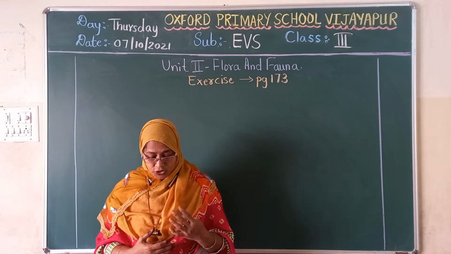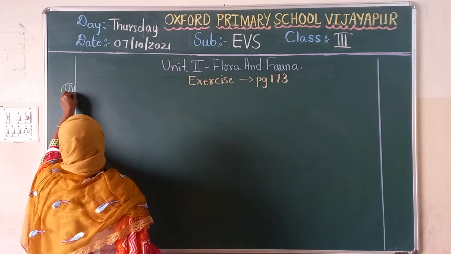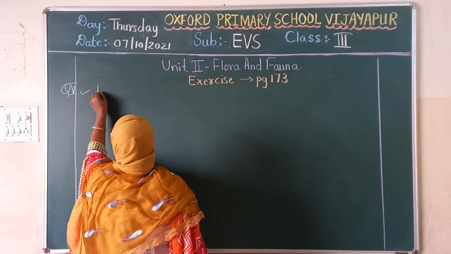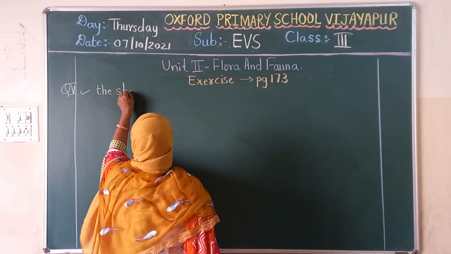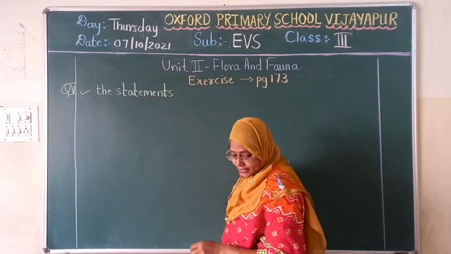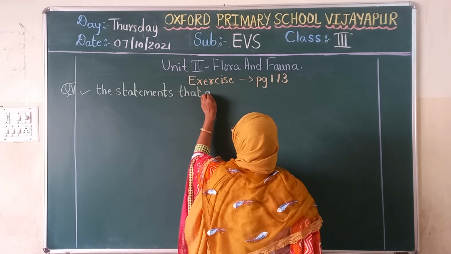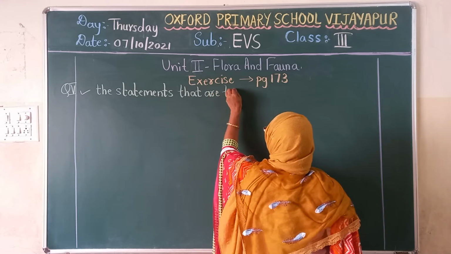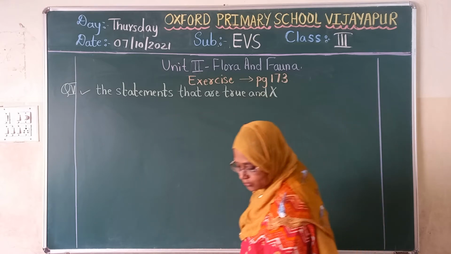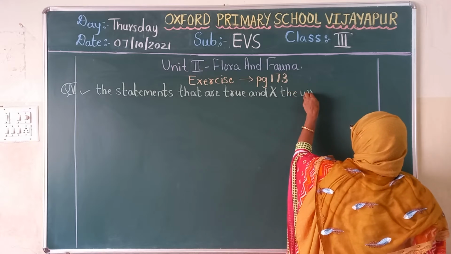So these were your 4 questions. Now come to question number 5. So let us move to question number 5. What is question number 5? You have to write, pick the statements that are true and put a cross on the wrong ones.